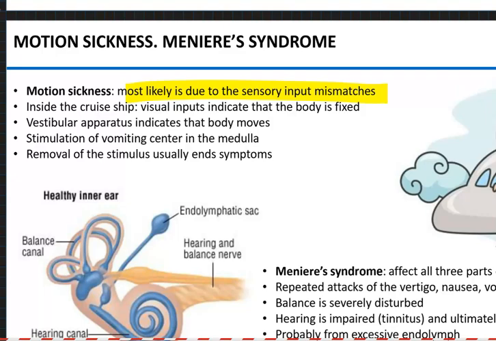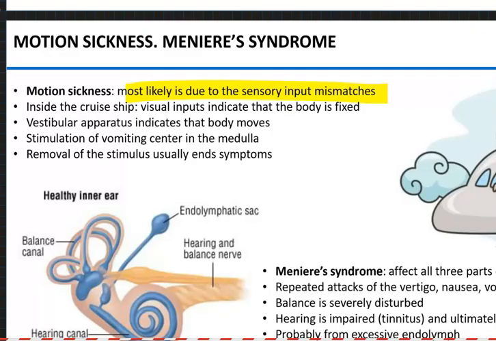You're at the wheel. Are you looking at the road? I hope so. Your eyes, what do they tell you? Are you moving or not? You're moving. Your vestibular apparatus, what does it tell you? You're moving. They are matching those inputs.